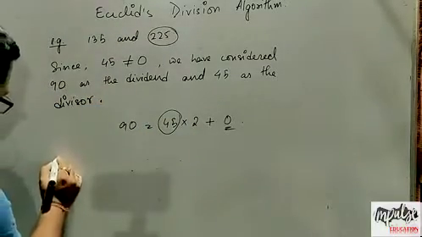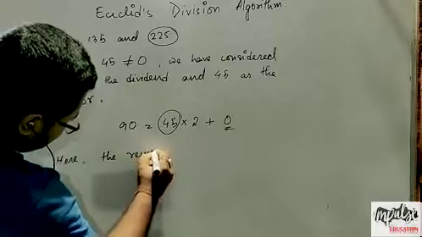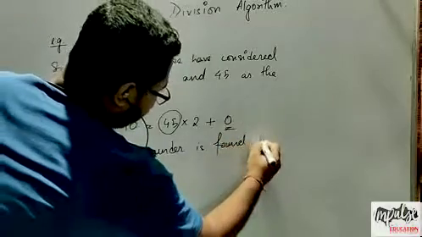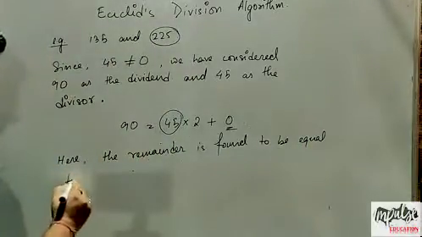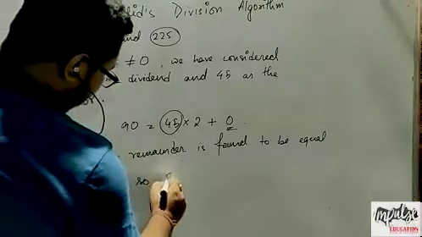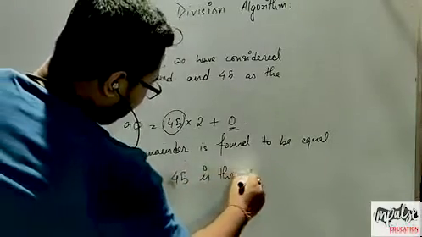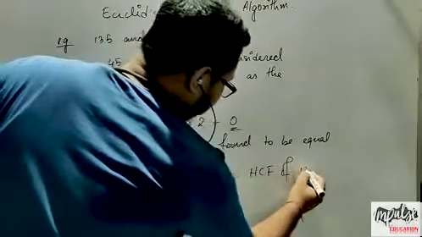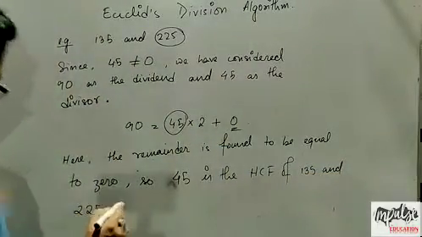Now you can write here: the remainder is found to be equal to 0, so 45 is the HCF of 135 and 225. Is it clear?